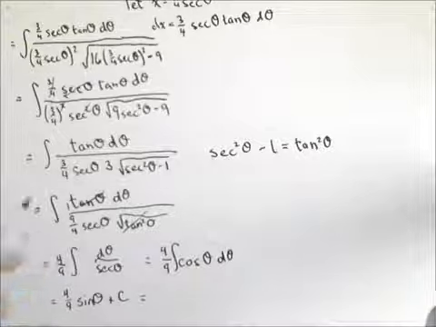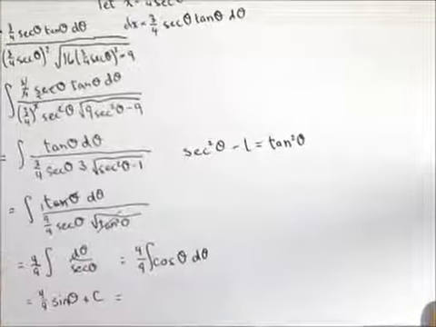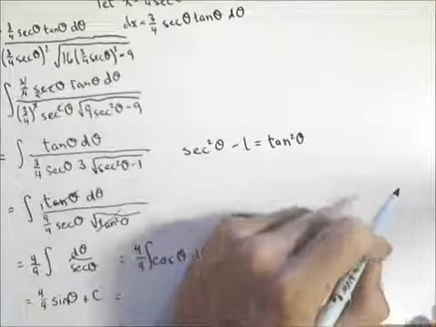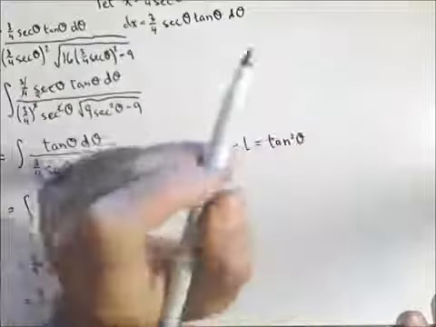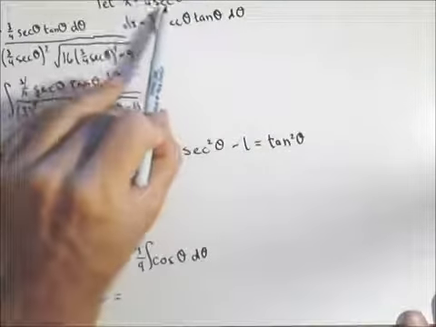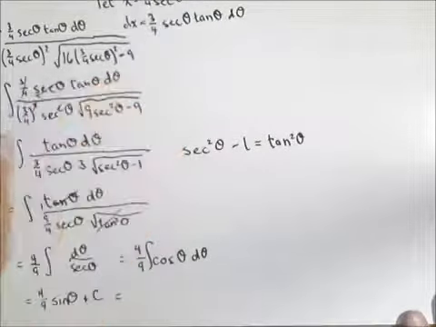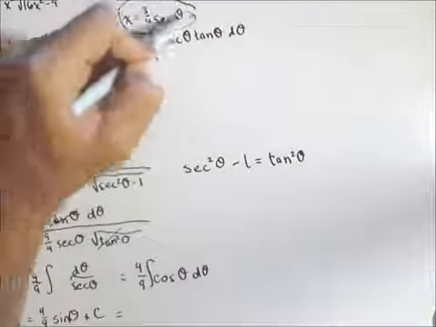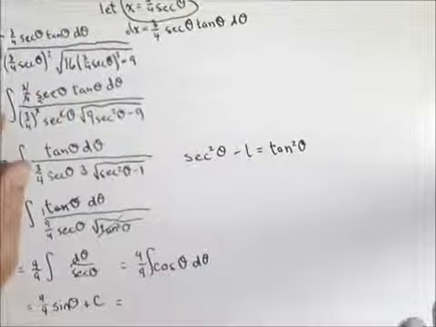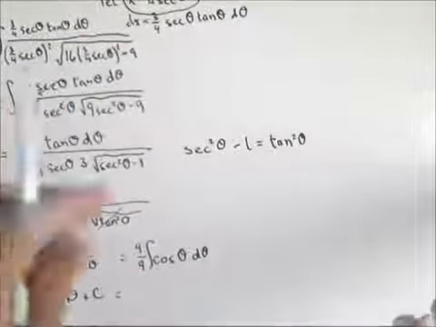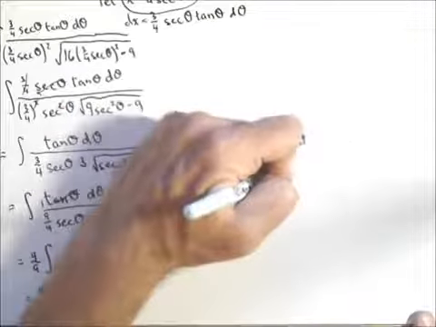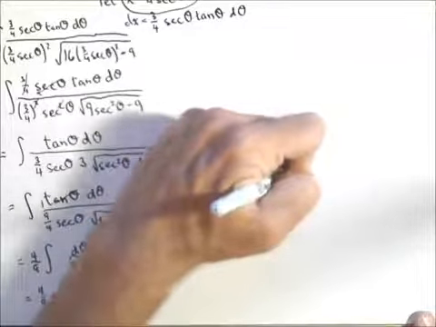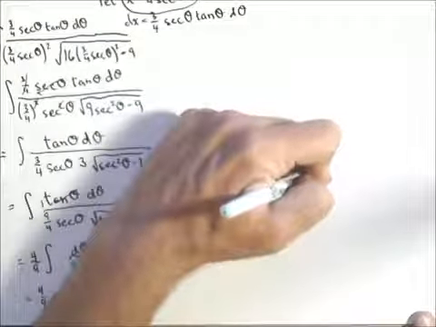Alright, now the way that I like to do that, we'll come over here. I like to make my right triangle. Now I know that x equals 3/4 secant theta. Let's pull that down so we can see that. So we're going to use this factor right here. Alright, so we know that x equals 3/4 secant theta.